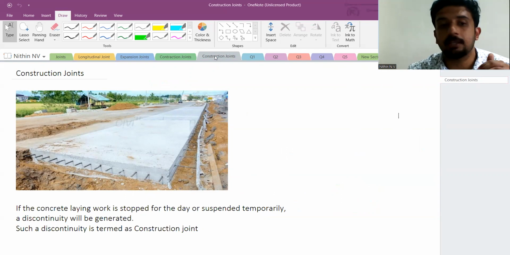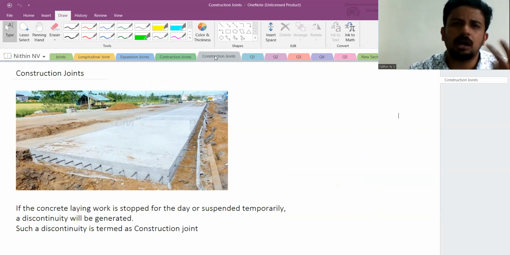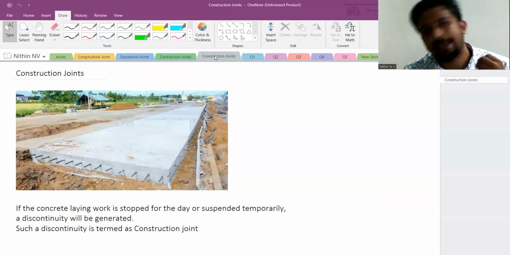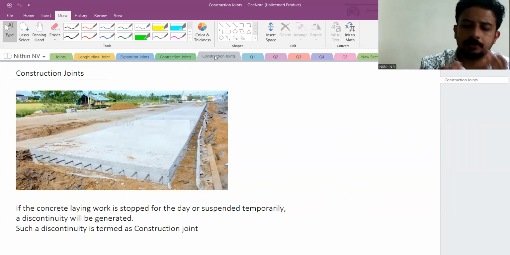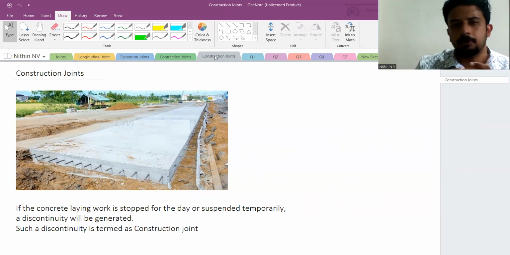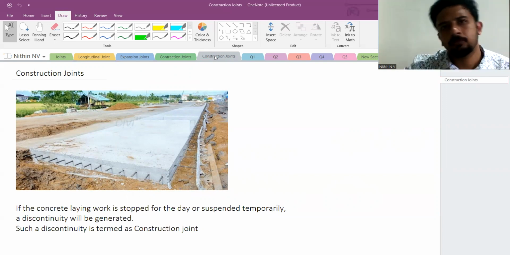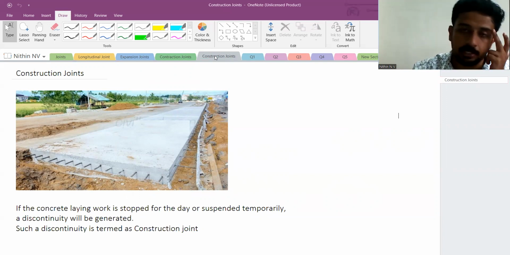Whenever we are constructing a rigid pavement, definitely we may not be working 24 hours in a day, right? 24 into 7 work can happen if there are 2-3 shifts. Some people will be working for 8 hours, the second set of people will work the next shift, and a third set of people will work the next 8 hours.